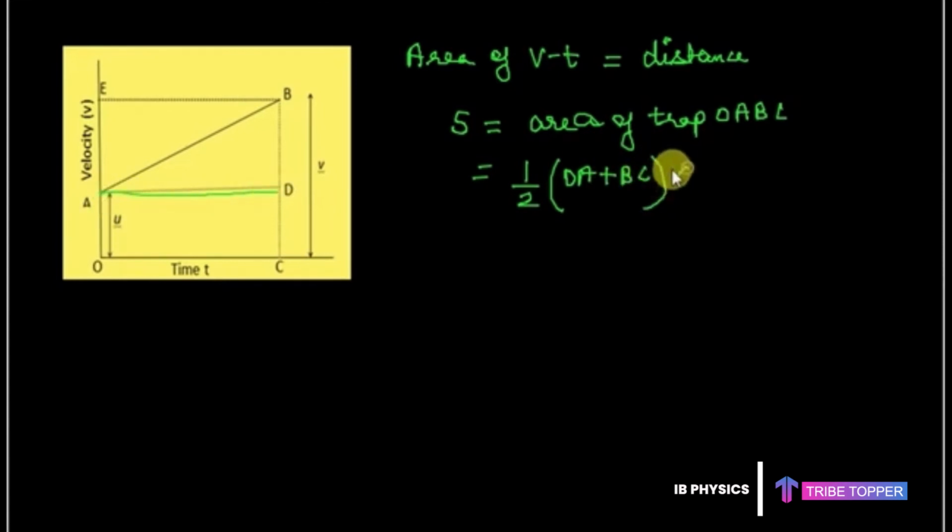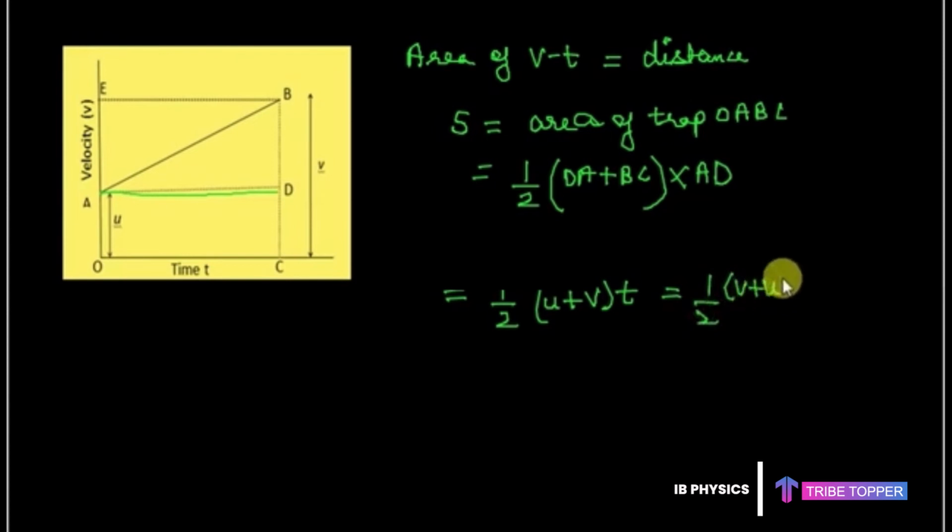So half into (OA plus BC) into AD. Now this gives us half into (u plus v) into t, and t can be written as (v minus u) by a, as we know from the first equation of motion. And this is s.